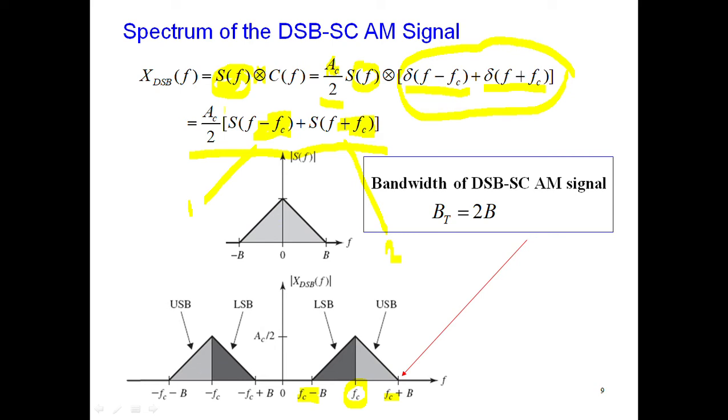You see that the amplitude has now become half. And one more important point in double sideband is that the total bandwidth will become double also, 2B. One at this side and another at this side.